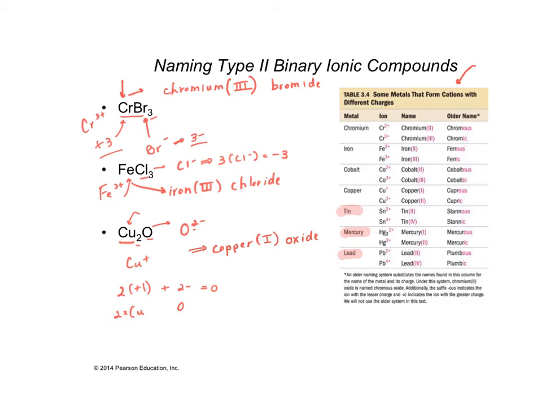So you don't necessarily need to know what type of charge they form. That's not important. But just note that you would have to use this naming scheme. Again, that differs in the fact that you have to specify the charge in Roman numerals and parentheses for these types of metals when you're naming them, okay?